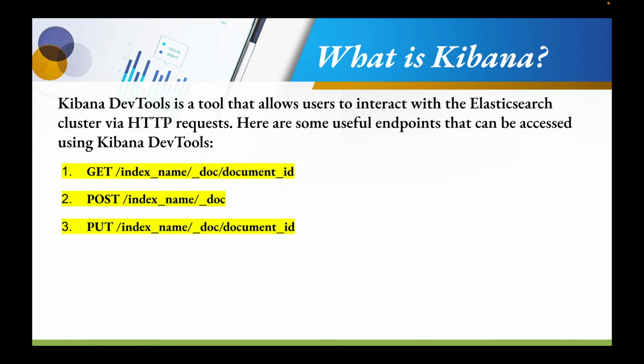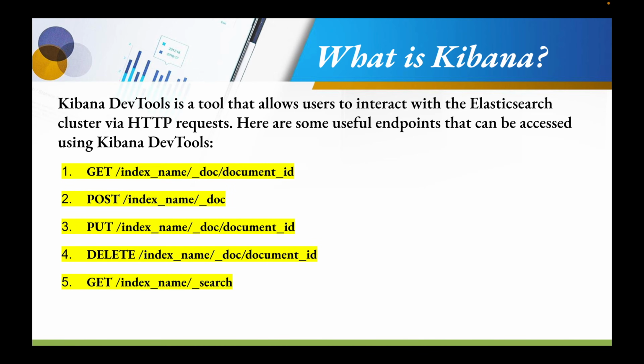Here we have all the endpoints: GET, POST, PUT, DELETE, HTTP endpoints. To get a specific document you can use GET with the index name and document ID. To create a document with POST, you mention the host, index name and document.